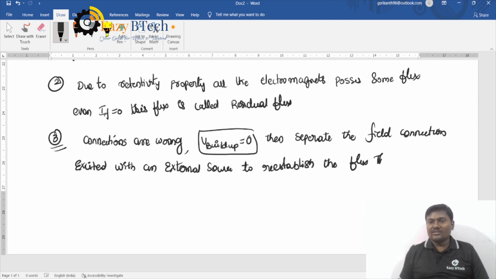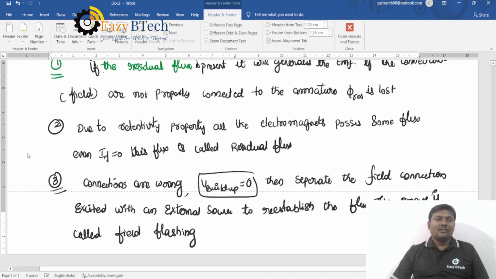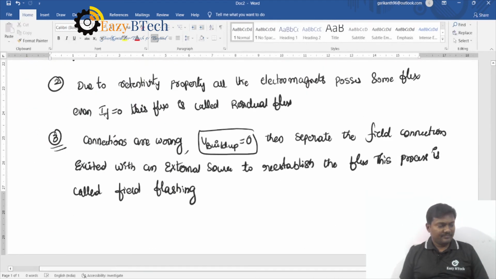This process is called field flashing, and this is very, very important. These are the conditions for buildup of voltage.